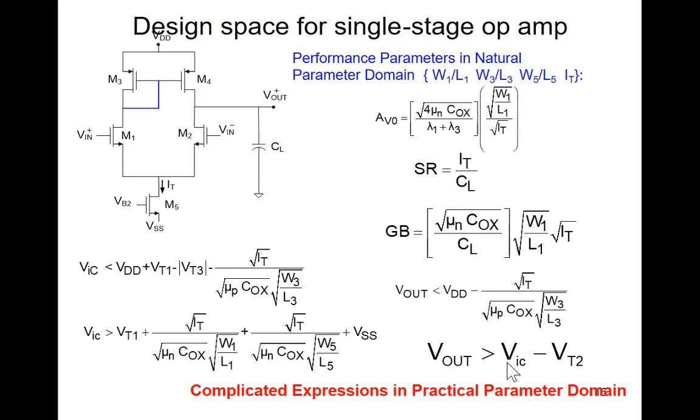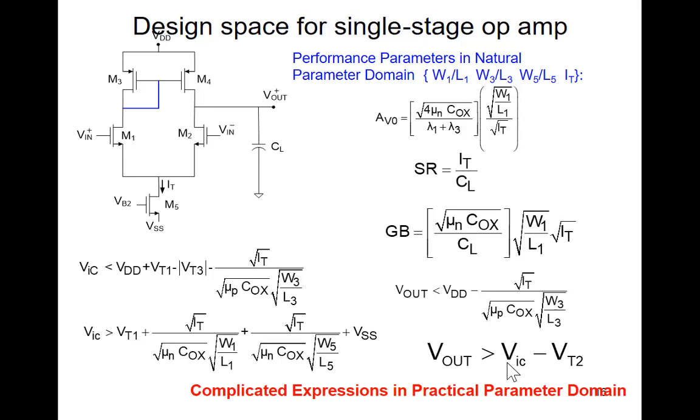So, I wrote this in red. We have complicated expressions for almost all the characteristics of interest in this op amp in terms of the natural design variables. I hope we're at the point where you see why I spent so much time emphasizing which parameter set you want to look at and how many degrees of freedom you have.